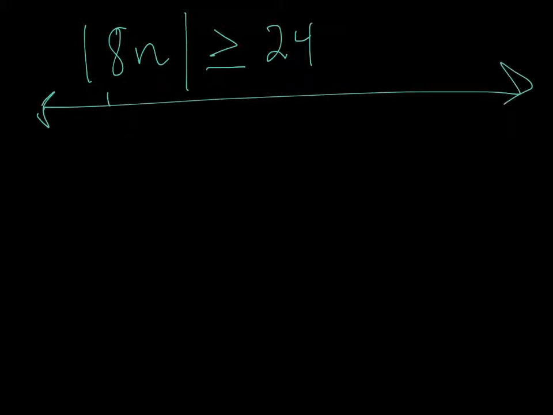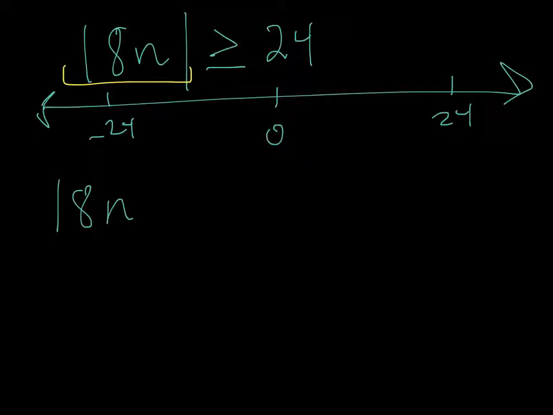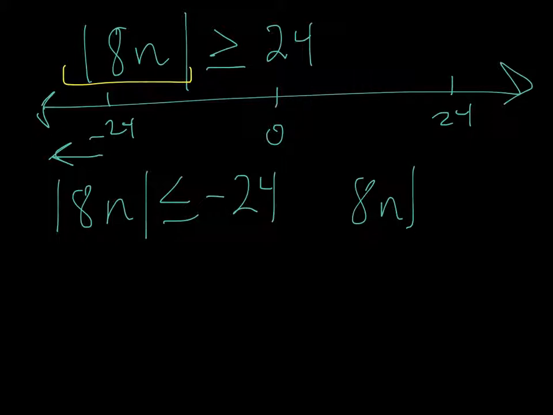If we have negative 24, 0, positive 24, this value, 8n, needs to be greater than or equal to 24 spaces from 0. So 8n needs to be less than or equal to negative 24, right? It needs to be farther this way. Or 8n needs to be greater than or equal to positive 24. It needs to be farther that way.